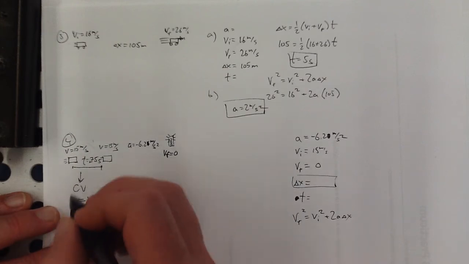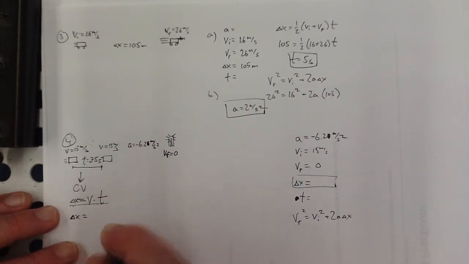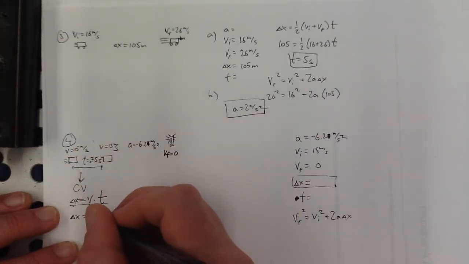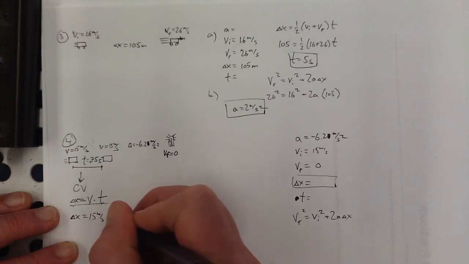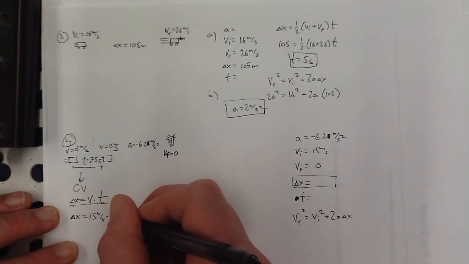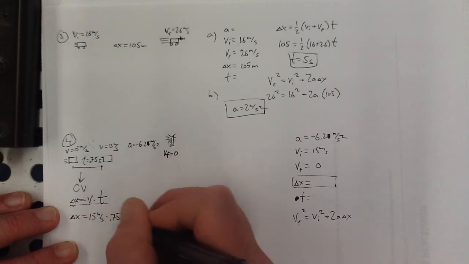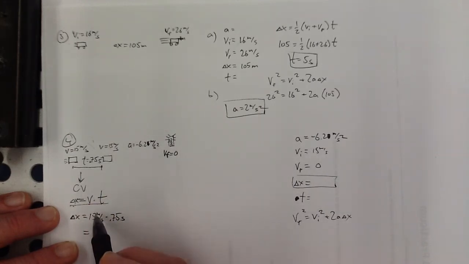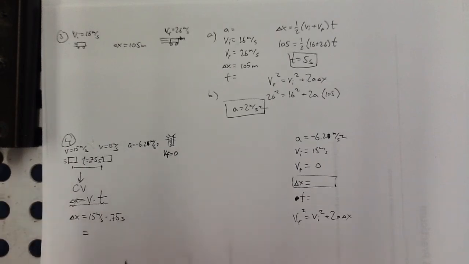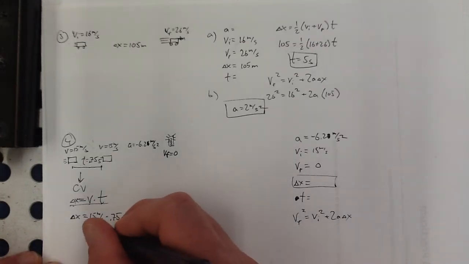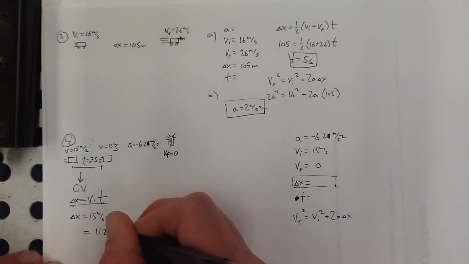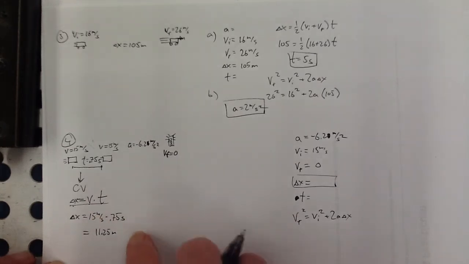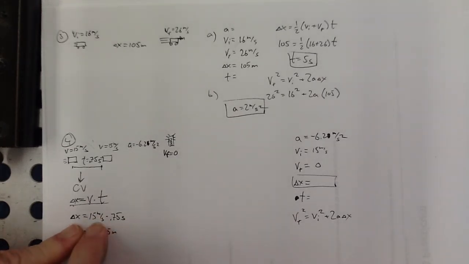The displacement is equal to the velocity, 15 meters per second, times the time. You can see the seconds canceling out. We're going to get meters. So 15 times 0.75, 11.25 meters.